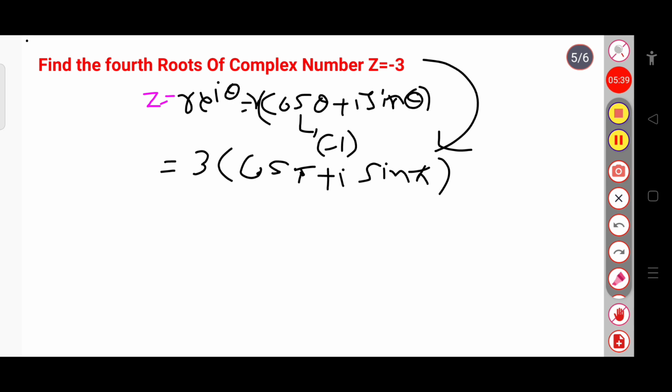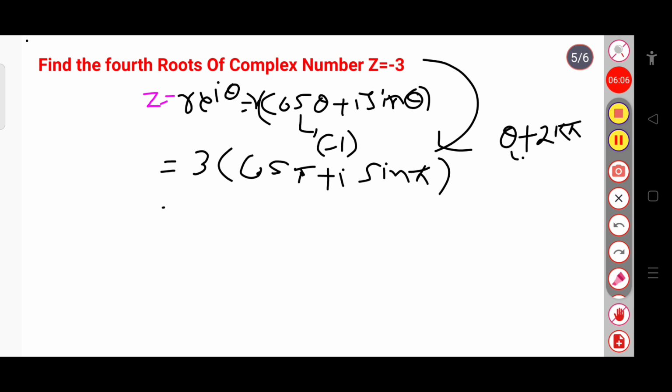Now here I have to calculate the fourth roots of the complex number. So in place of pi I can write pi plus 2k pi, because I know that after 2 pi rotation the value remains the same. In place of theta, that is the argument of z, I can write theta plus 2k pi; this is the general argument of z, and this capital Theta is the principal argument.